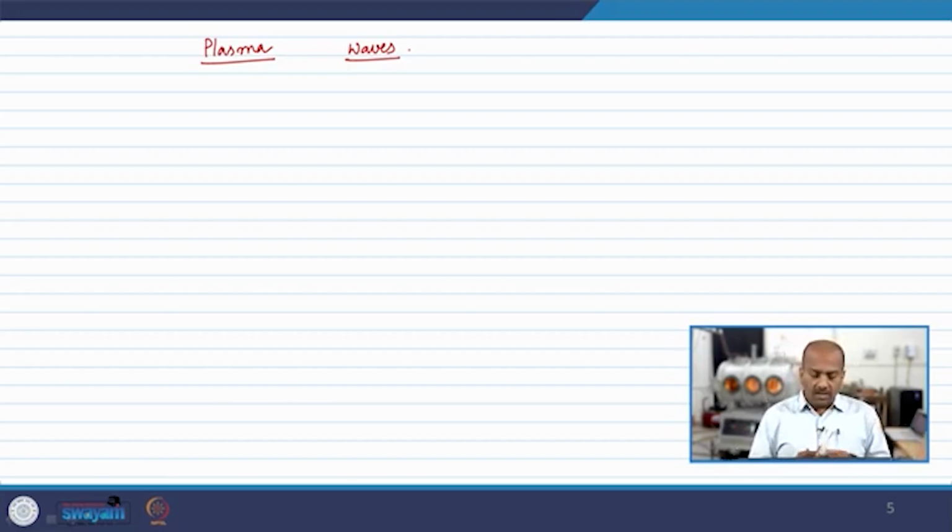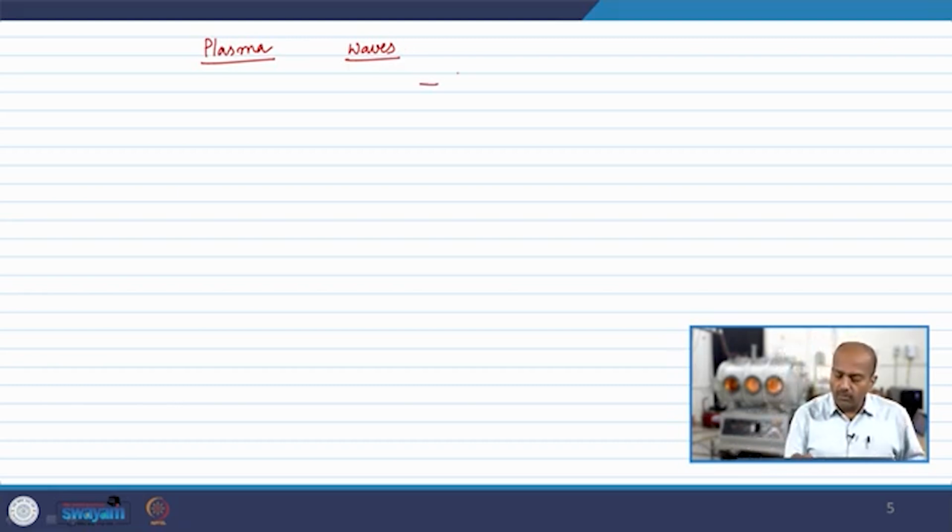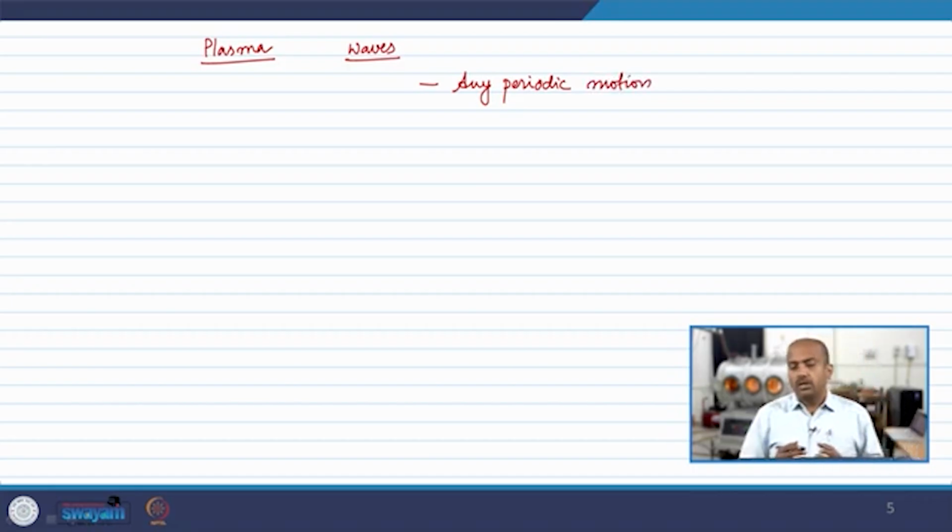In order to understand, we have to see the fundamental definition of a wave. Any periodic motion can be referred to as a wave, or a transfer of information from one point to another point.